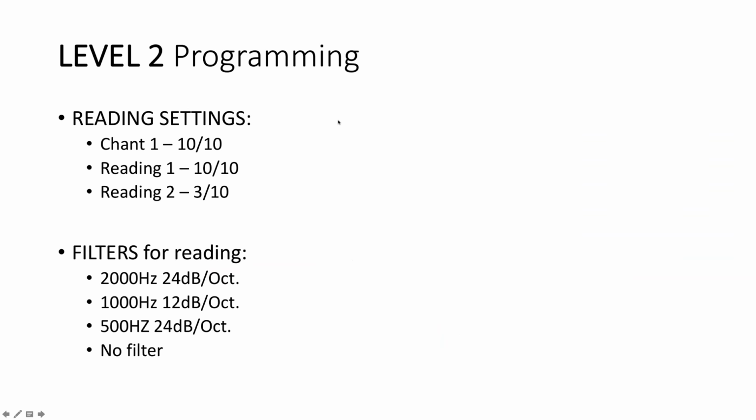So remember that on level 2, we have different reading settings, which are Chant 1, Chant 2, reading 1, and reading 2 with different speeds. Remember that chant is used to repeat musical phrases, to sing, to repeat Gregorian, for example.